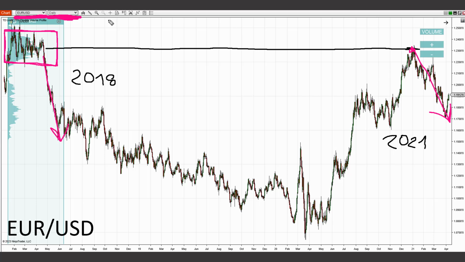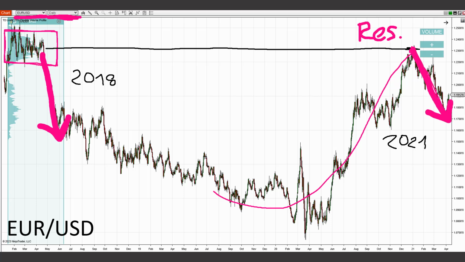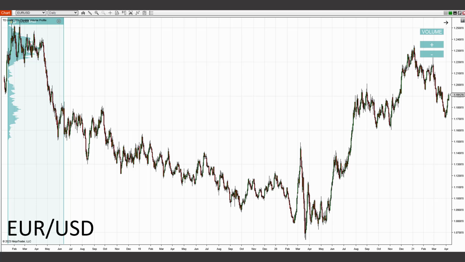No matter how long you wait for that pullback, and when it occurs, you enter in the direction of that trend that started from that high volume zone. So in this case, we had a strong downtrend. That means that when the price reaches this resistance zone, you go short. And again, as I was saying, take profit for such a trade could be pretty big.